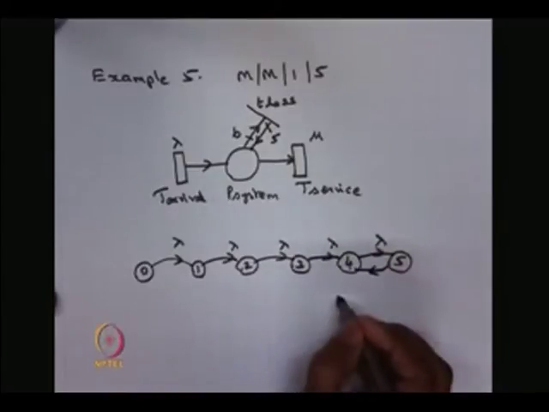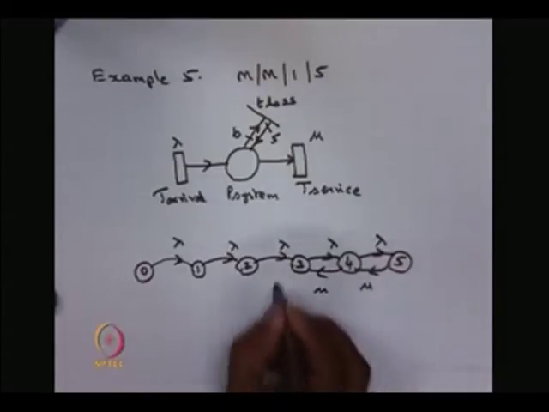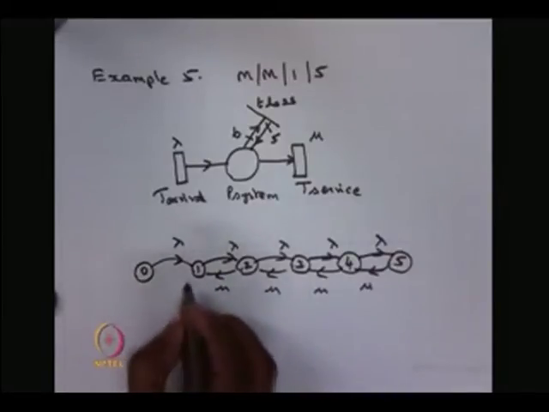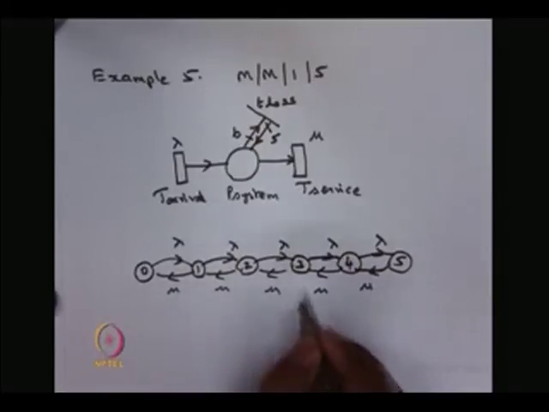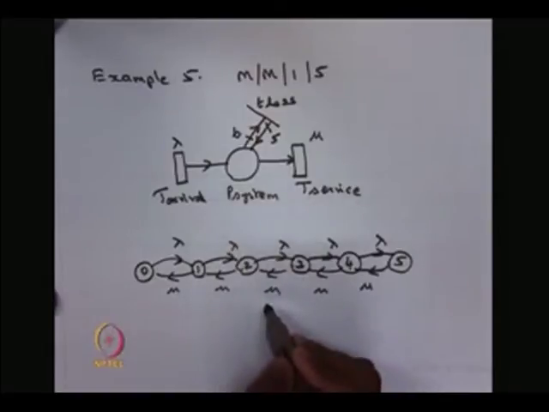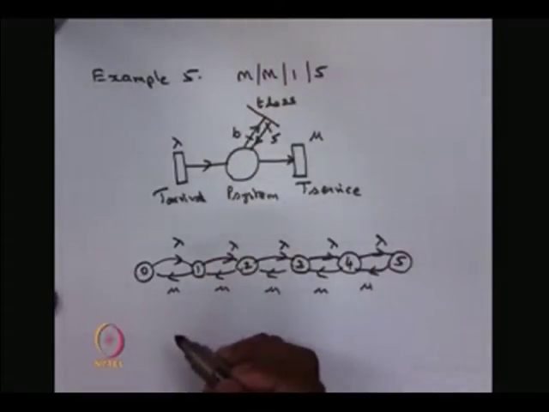Whereas 5 to 4, 4 to 3, 3 to 2, 2 to 1, 1 to 0, the transition firing with the rate mu. So, this is the reachability graph for the above GSPN, and this is same as the continuous time Markov chain of the M/M/1/5 queuing system.